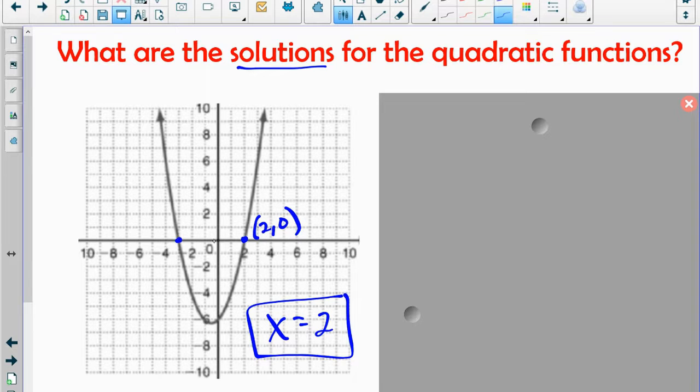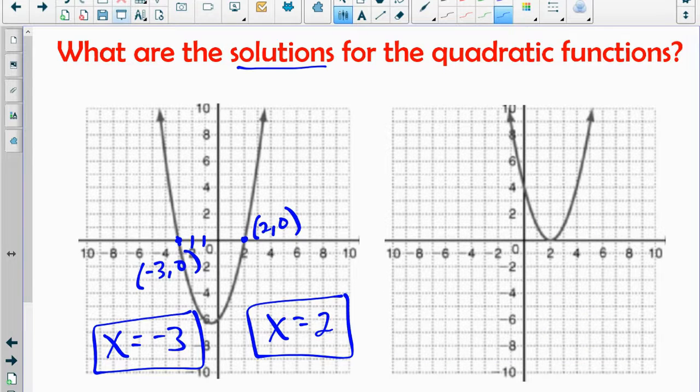My other x-intercept, I have to count carefully. It's kind of hard to tell, but it's to the left of the origin. So that's negative 1, negative 2. That looks like negative 3 right there. So I have an x-intercept at negative 3 comma 0, and a solution at x equals negative 3. So my two solutions are negative 3 and positive 2.